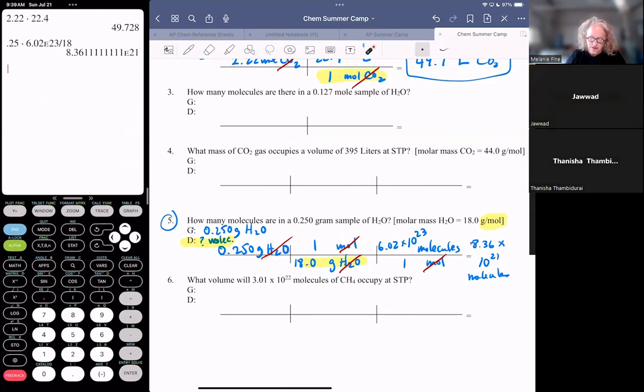Tanisha. I had a question about the empirical formulas from combustion.